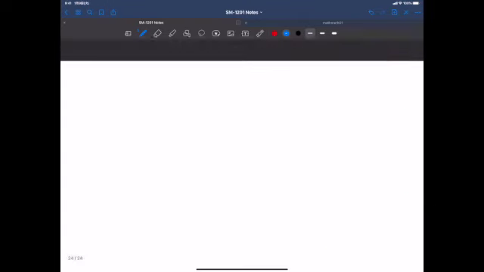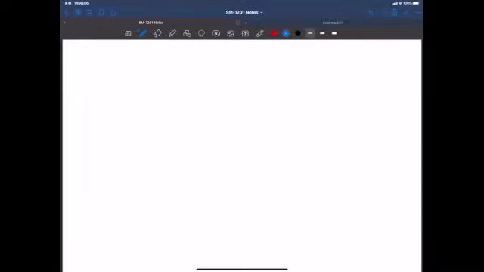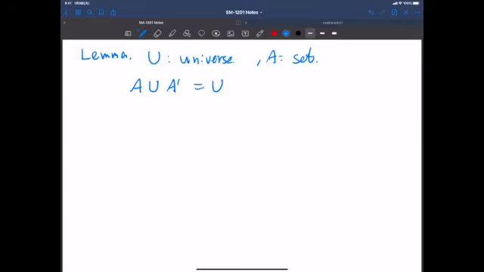Now, let us prove a few more lemmas that involve set complements. Another lemma: U means universal, the universe, and A is any set. Then A cup A prime, the complement of A, is equal to U, and A cap A complement is empty.